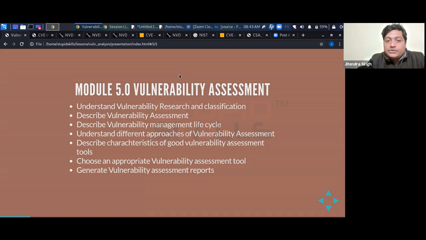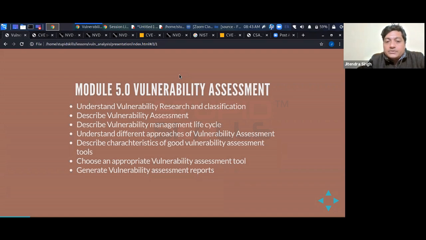Then you should be able to describe this kind of an assessment. Any kind of vulnerability has a life cycle, so what steps you can take to manage it. Then there are different approaches to this assessment.